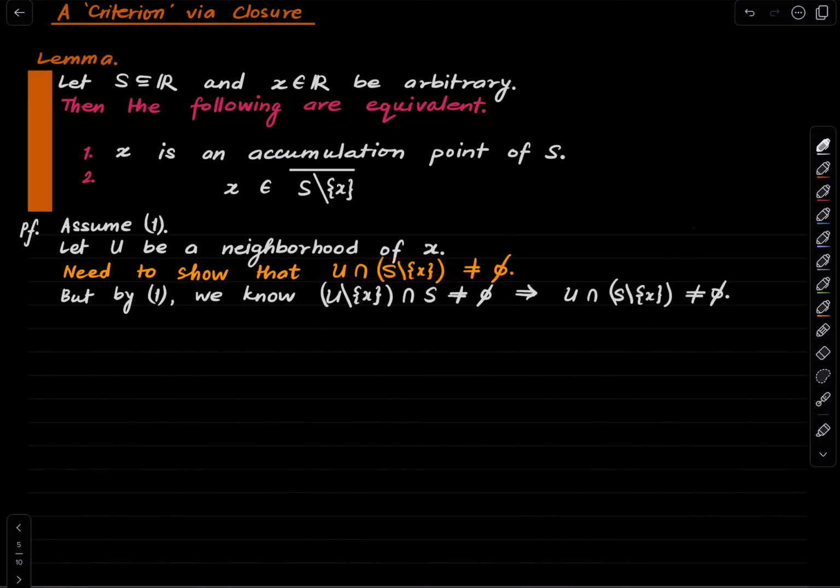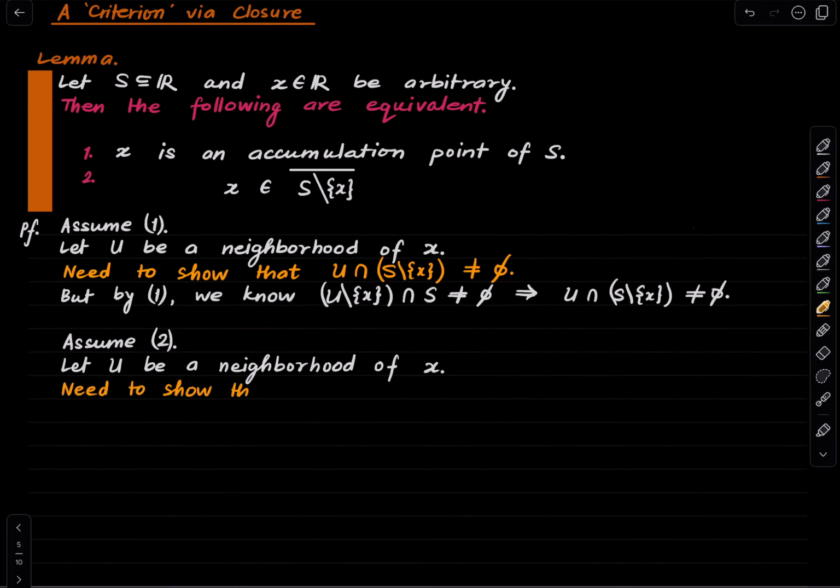Now assume 2. We want to show that x is an accumulation point of S. What do we need to do? Choose an arbitrary neighborhood of x. And what do we need to do? We need to show that this deleted neighborhood intersects S. But again, this is just exactly the reversal of the previous argument.